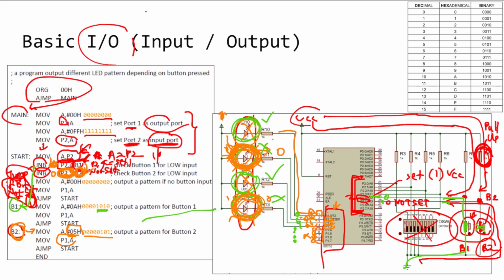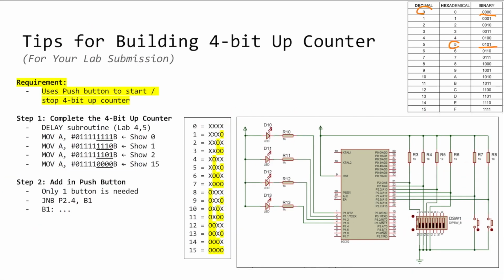Now for your lab submission, you will be building the 4-bit up counter. I won't be showing the code here, but I will at least guide you how to do it. The requirement is that you will use one push button to start or stop the 4-bit up counter.